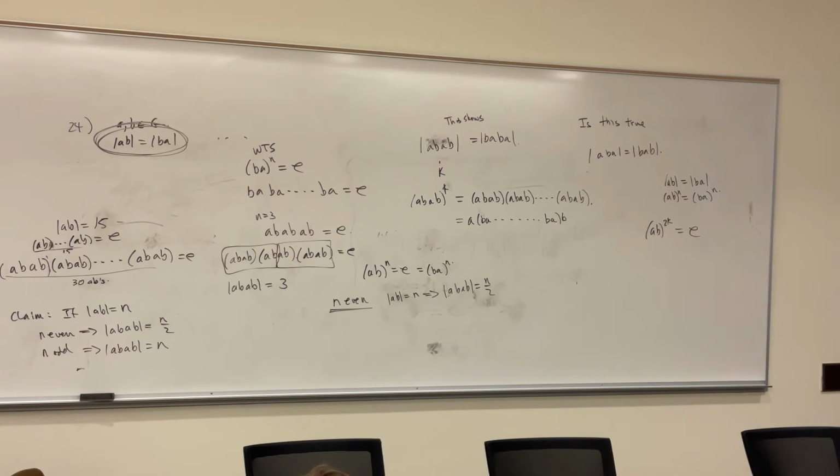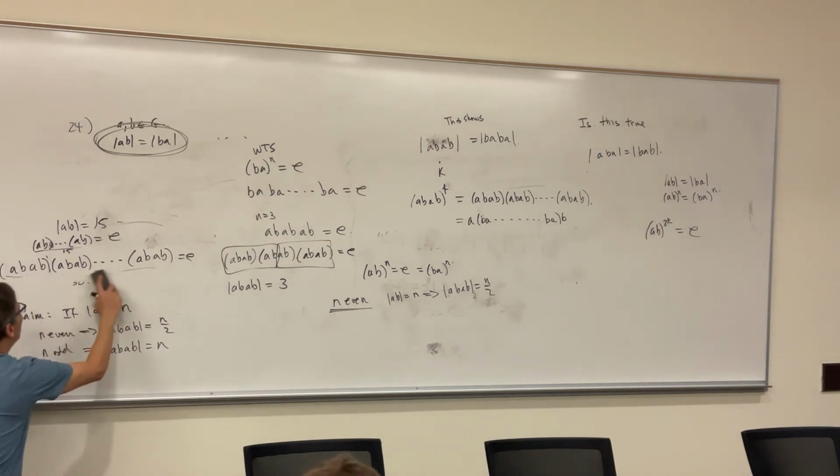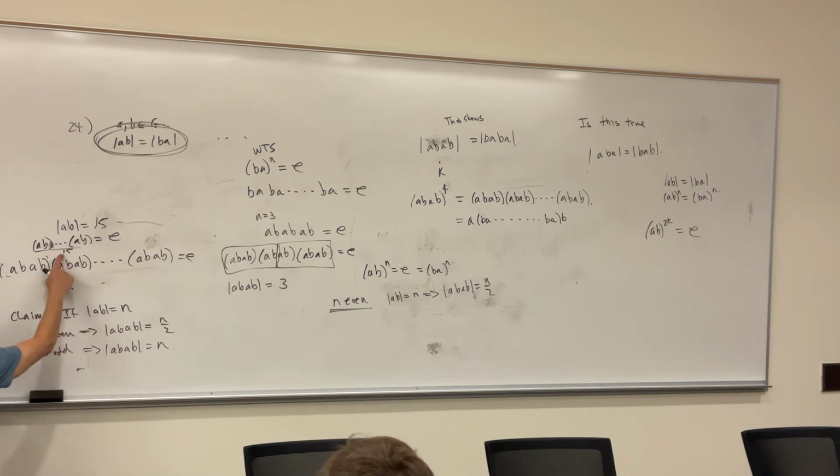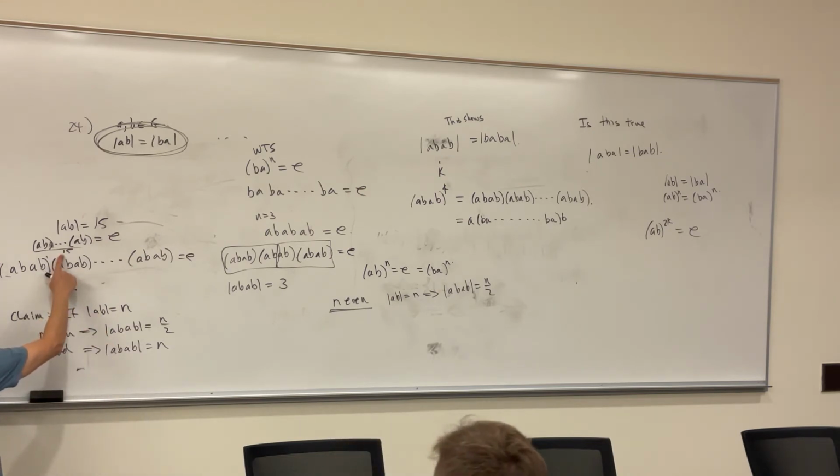But could it be less? So, like, could I get away with, oh, I just doubled it. Yeah, I just took n copies of this. But could I get away with less? Could I get away, like if I took 3 copies of that? What would that give me?